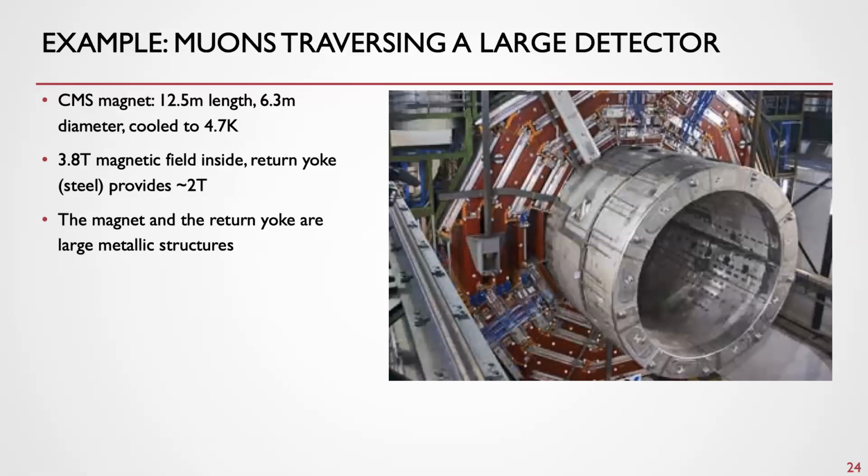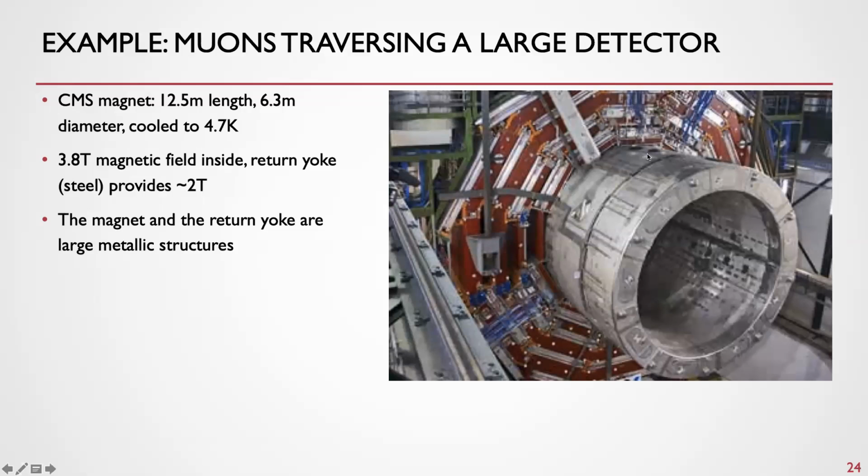The object to the right is the CMS experiment's magnet. It is roughly 50 centimeters thick, and it consists completely of iron. This is the largest superconducting magnet being operated in the world. It's 2.5 meters long and roughly 6 meters in diameter.